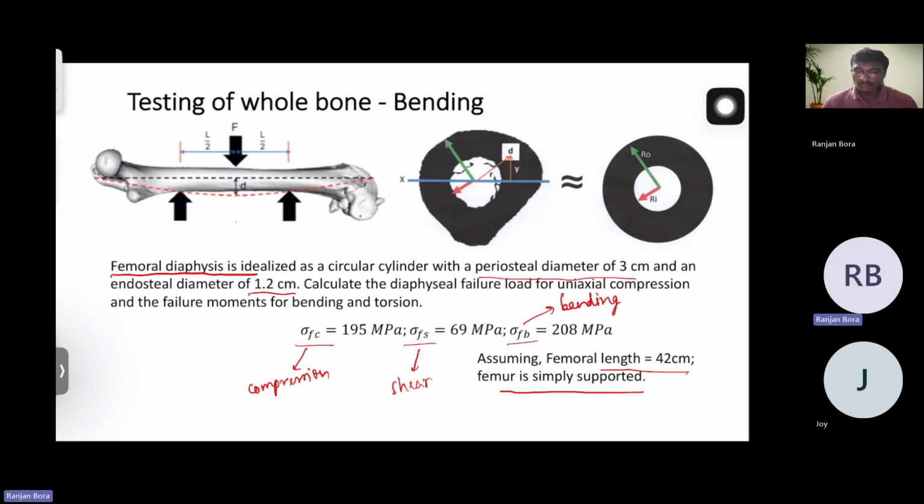First we'll do the first case, which is uniaxial compression.